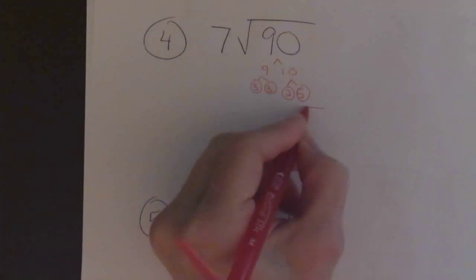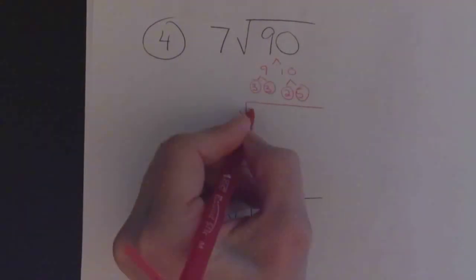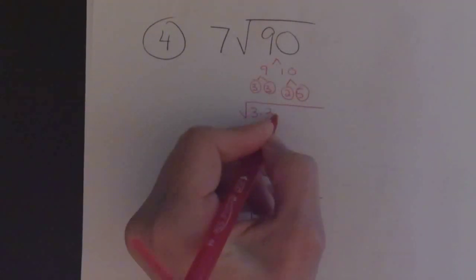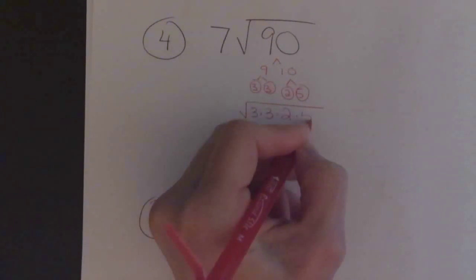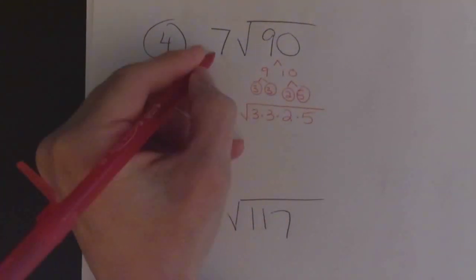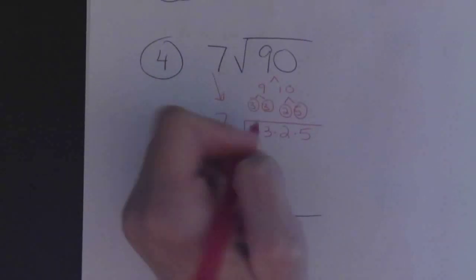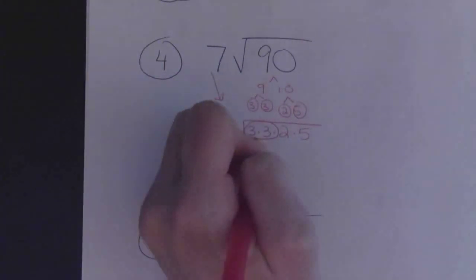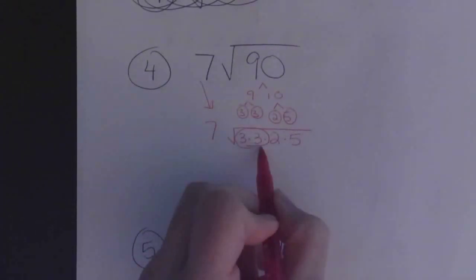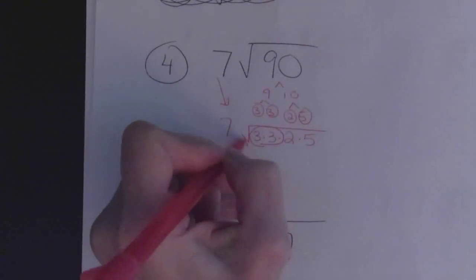And those are all prime. 3, 3, 2, 5. So the square root of 90 as the product of its primes would be 3 times 3 times 2 times 5. Now let's not forget, bring the 7 down, 7 in the front. Okay, we have a pair of 3's.